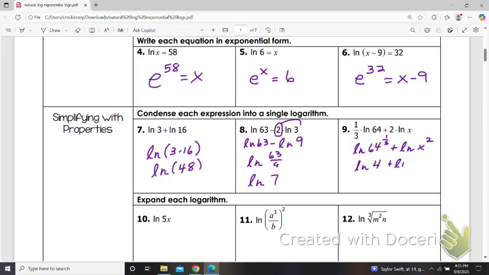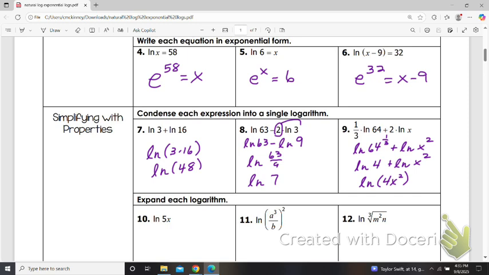And then to finish condensing this, we need to put those together, and they are being multiplied. So remember, addition goes with multiplication, and slide it into some parentheses so that we know that we're taking the natural log of not only the 4, but the 4x squared.